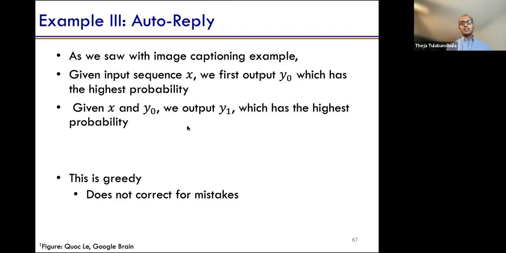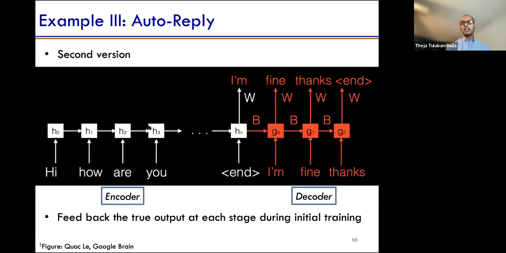Just using one word and then moving forward is what is called greedy, and so it doesn't correct for potential mistakes I make early on. If I make a mistake and say something completely unrelated like "university," and I use "university" as an input next time, then it's going to completely bias and give me a wrong response.